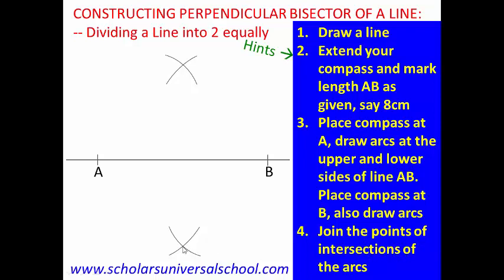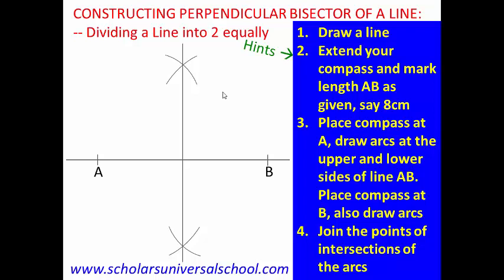We are going to use a line to join the points of intersection. They intersect here and they intersect here. So let us draw the line. So we have drawn the line. You can see we have joined the points of intersection of the arcs. So we now have the perpendicular bisector of line AB.